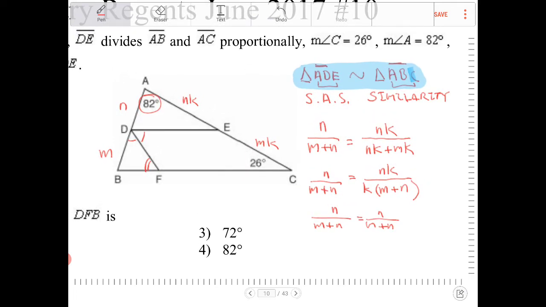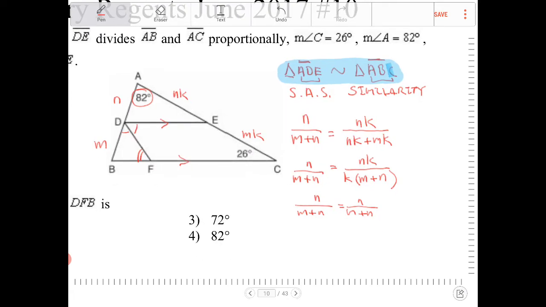DE will be parallel to BC, because you can view triangle ABC as a dilation of triangle ADE over point A, okay? And if that's the case, then again, DE is going to be parallel to BC. Angle C there, which measures 26 degrees, this is also going to be 26 degrees.